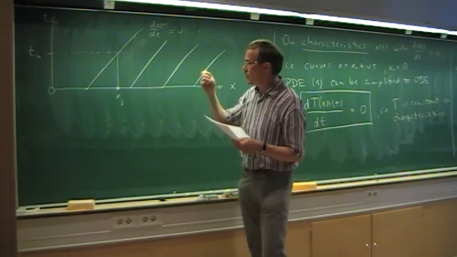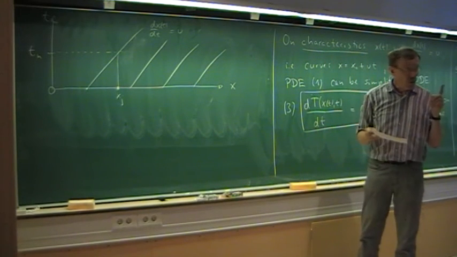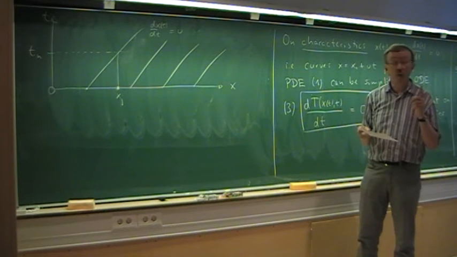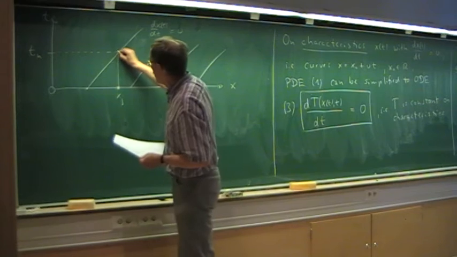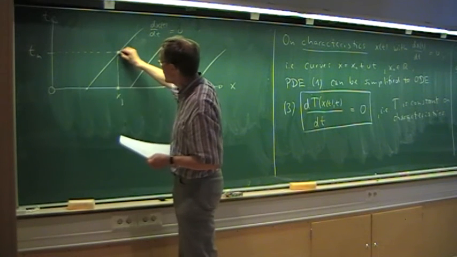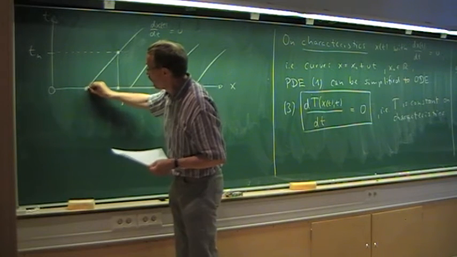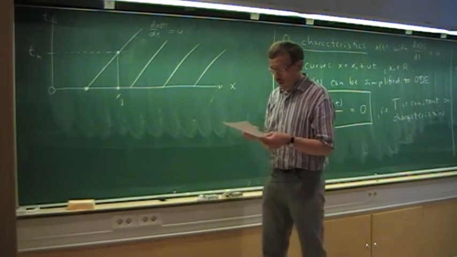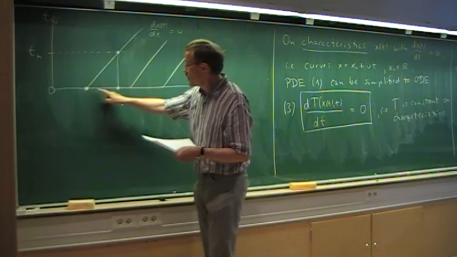What is the solution at this point? Then we know that the temperature is constant on the characteristics. So that means what we want to know here at this point on the characteristics, it will be the same as here at this point. And what is this point?